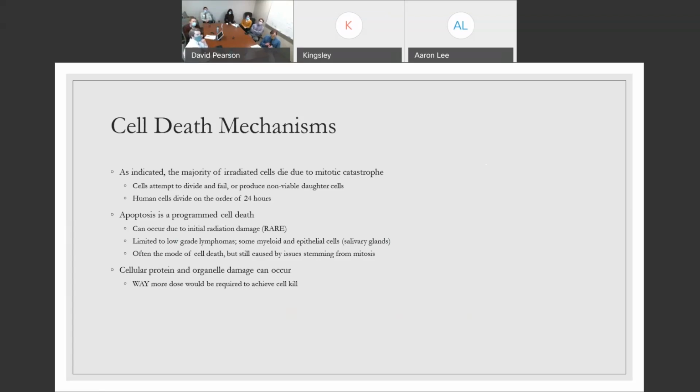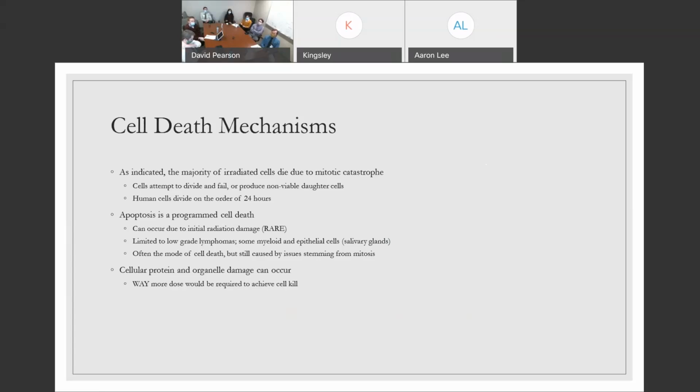So apoptosis can occur due to initial radiation damage in rare cases. Some examples are low-grade lymphomas, and some myeloid and epithelial cells, particularly in the salivary glands, which they pointed out as an example. But often the mode of cell death is still caused by issues stemming from mitosis.